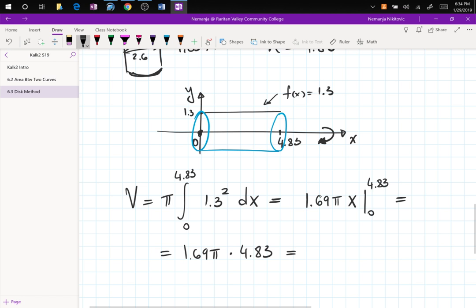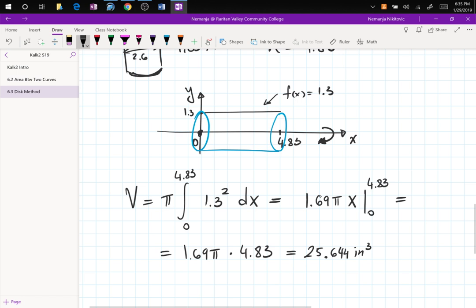Let me punch this in the calculator over here. So 1.69 times pi times 4.83 gives me 25.64 inches cubed. Actually, I should go one more decimal place, so 25.644.